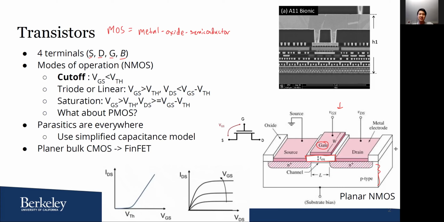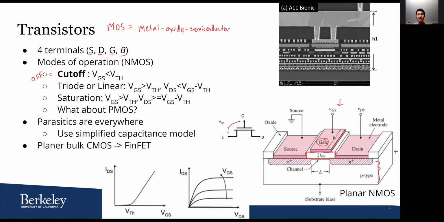So for an NMOS transistor, we essentially have three general modes of operation in the classical MOS transistor case. Cutoff, which basically equals off, right, when the transistor is not supposed to conduct current. This mode of operation is defined as the voltage of gate to source being less than the threshold voltage.